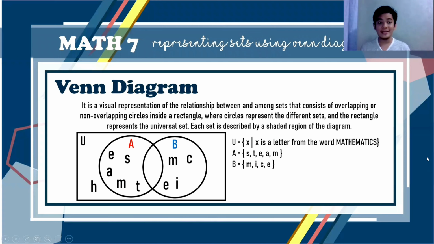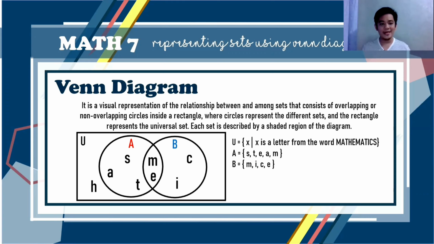Now observe the elements. Did you see some elements moved? Of course, we have the elements M and E, which moved towards the middle, where they represent the common elements.